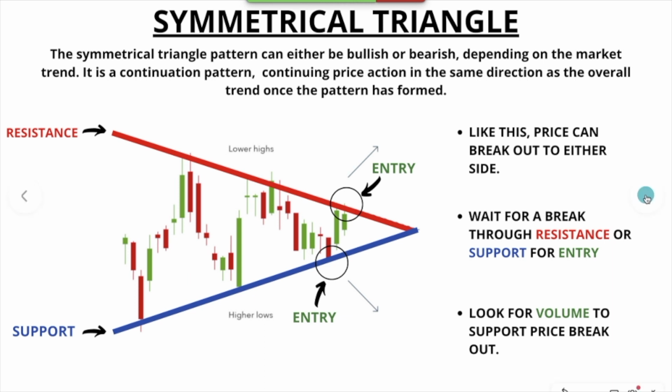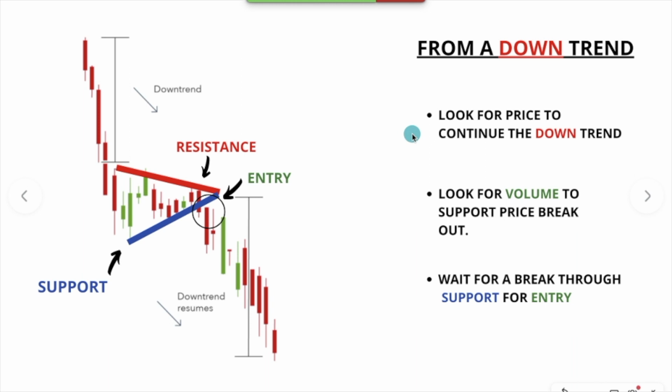So another part of the symmetrical, just to show you guys in terms of the trend, because like I said, a trend will give you an idea of where price will break out to. So putting the symmetrical in a downtrend, you'll see that it will continue the downtrend, right?